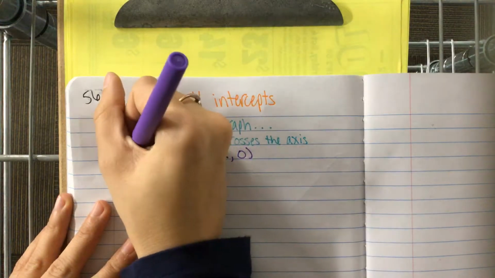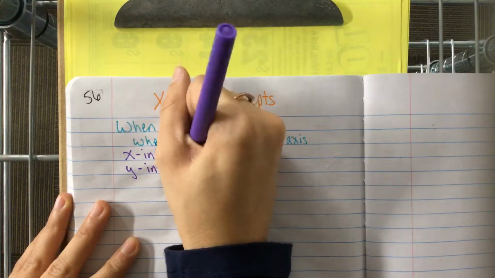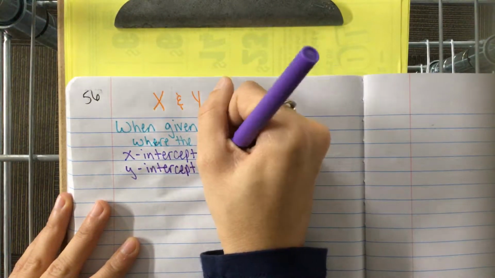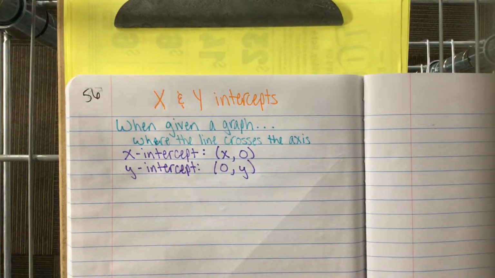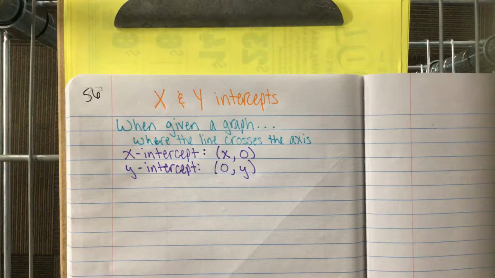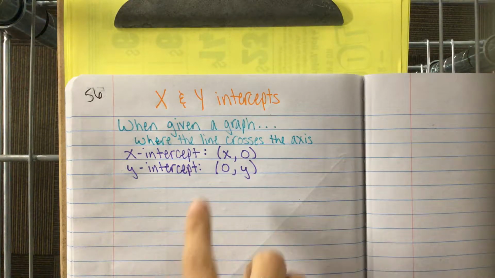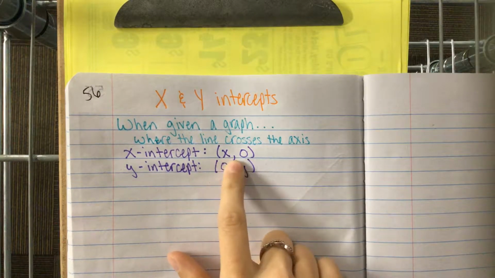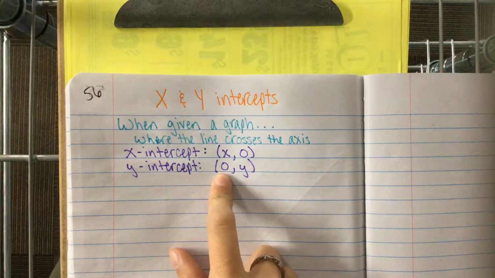If you want to write out a y-intercept, it's going to look like 0, comma, y. Correct? That's what we just discovered. So I know for my x-intercepts, the x value is going to be whatever x is, and the y value is going to be 0. And for the y-intercept, the x value is going to be 0, and the y value is going to be whatever y is.